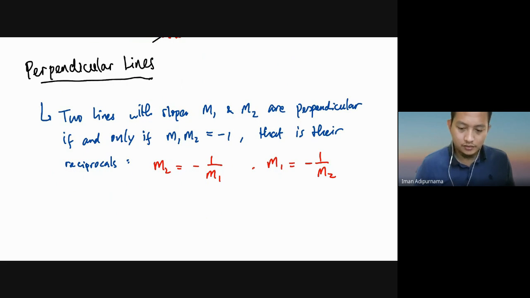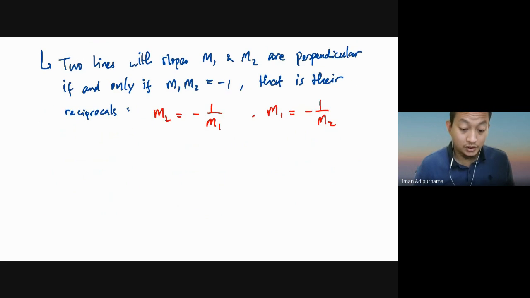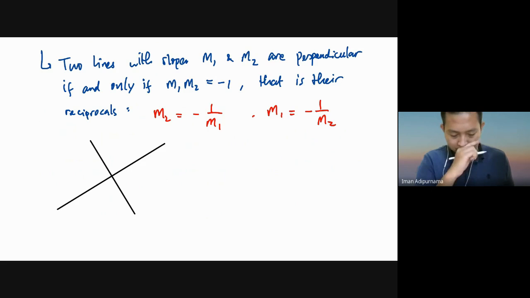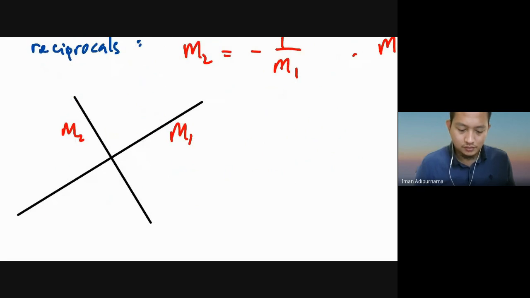You can draw the m1 and m2 maybe like this. So perpendicular means that, let's say this is m1, this is m2, and this is 90 degrees.